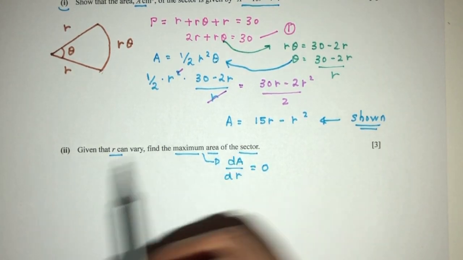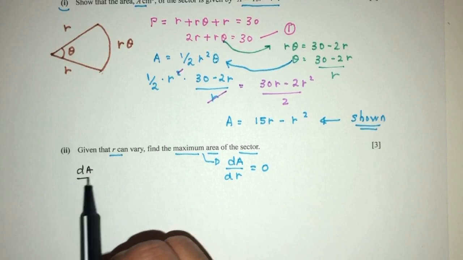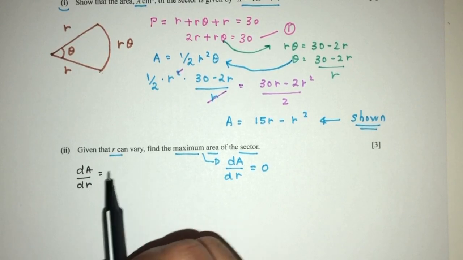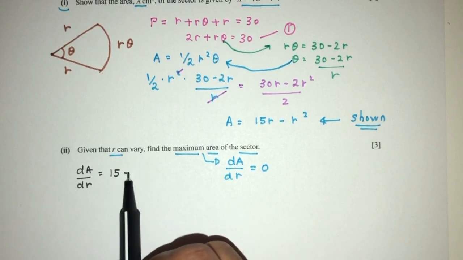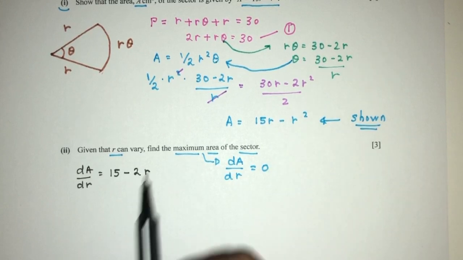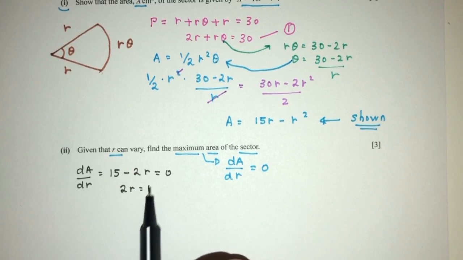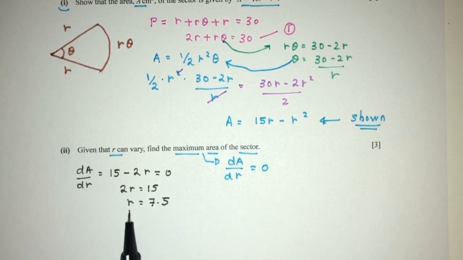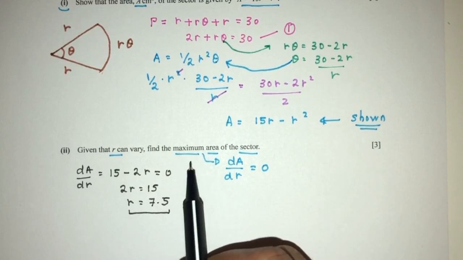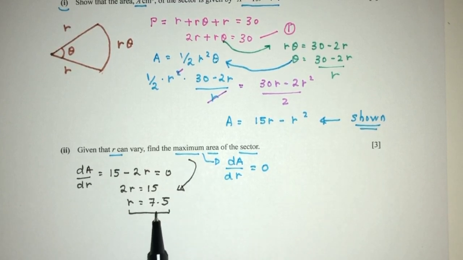So let's do that here. dA by dr has to be 15 minus 2r. Equate that to 0. So 2r will be 15, r will be 7.5. This is when it occurs. So the maximum area occurs when the value of r is equal to 7.5.